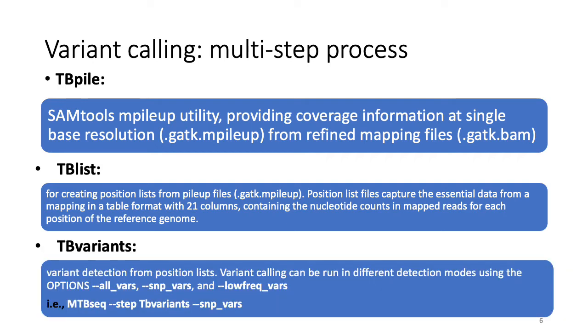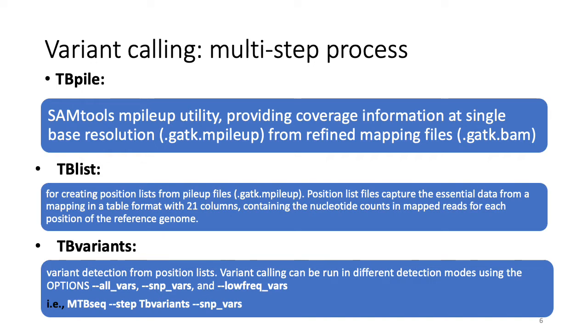And finally, the last step of the variant calling, which is called TBvariants, is the variant detection from the position lists. So variant calling can be run in different detection modes using options provided in MTBseq.